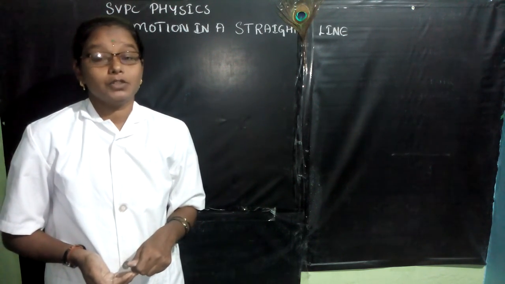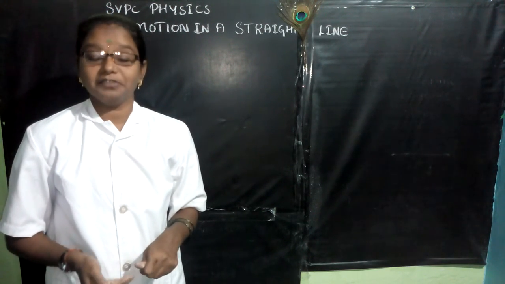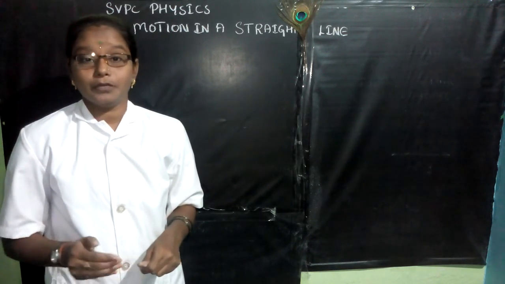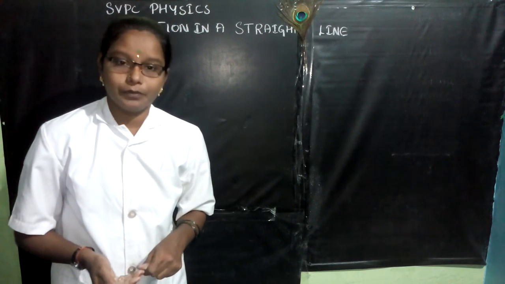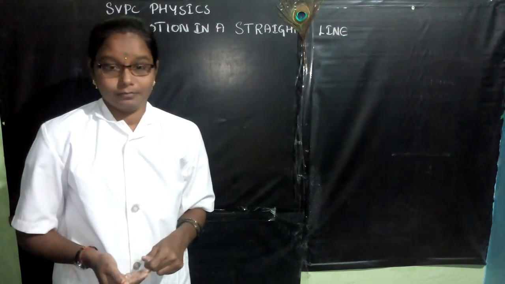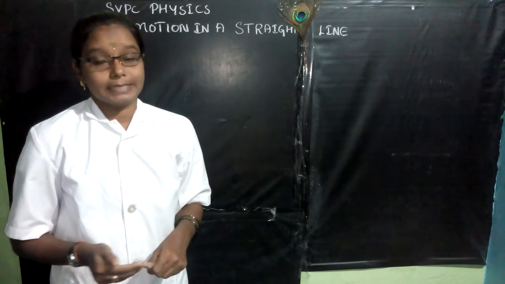After that, we saw uniform speed. If an object covers equal distances in equal intervals of time, then that is called uniform motion. I took one example.